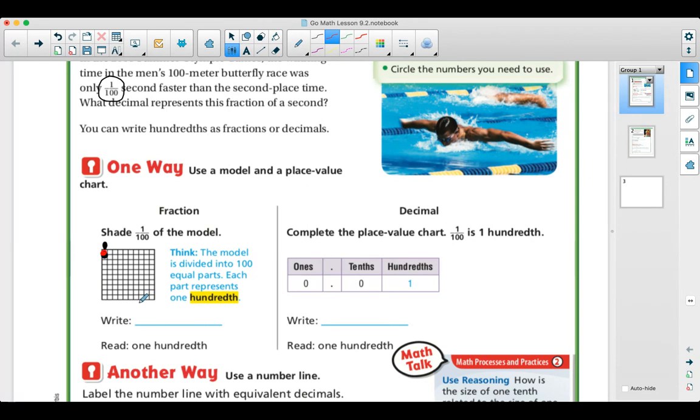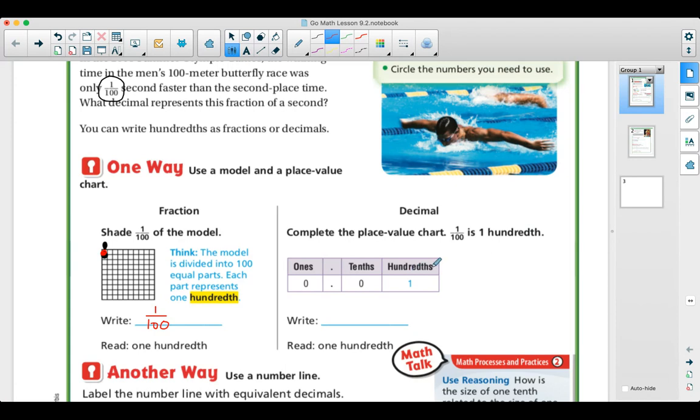Okay, so now let's write 1/100 as a fraction. 1/100. Now write it as a decimal. Complete the place value chart. 1/100th.